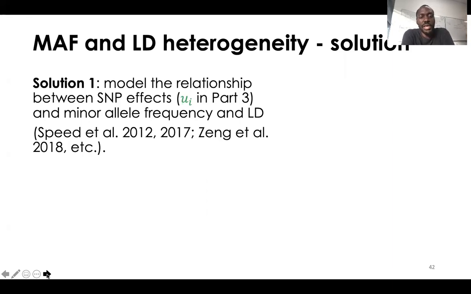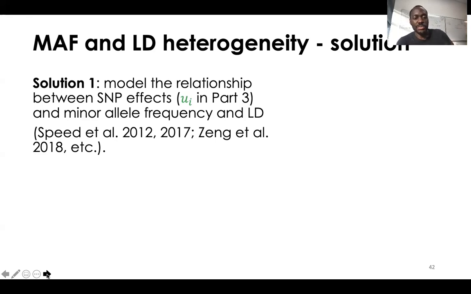So in that paper, they proposed a solution to that problem. And the solution was to actually model the SNP effects, to create a dependency between the SNP effects directly with linkage disequilibrium. In that initial paper, it was mostly with linkage disequilibrium. It has been subsequently extended to create a dependency between SNP effects, in particular the variance of the u's, which I introduced in part 3, with a dependency between that variance and minor allele frequency.